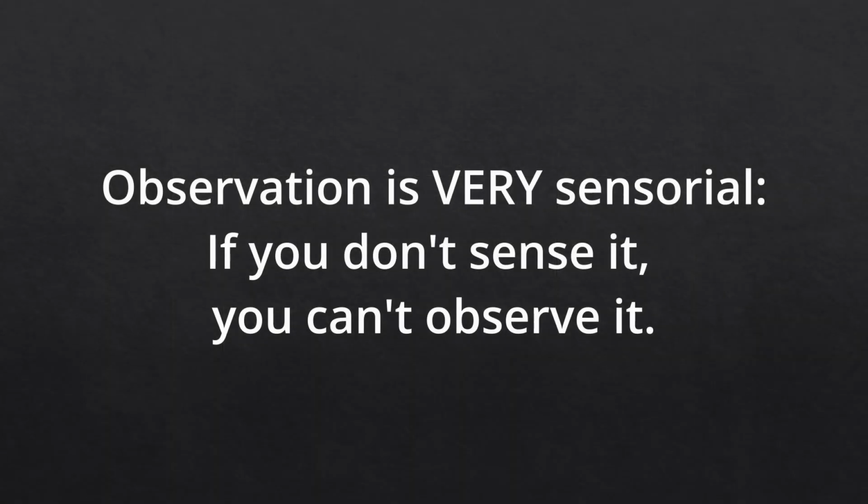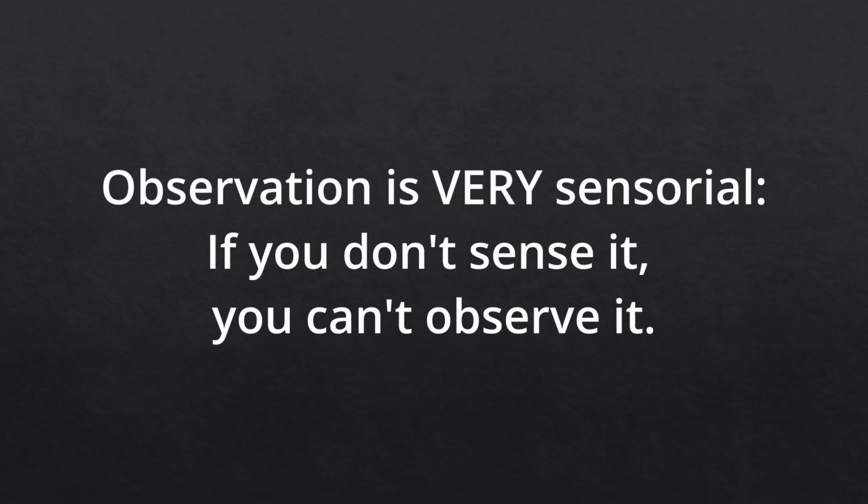We have to remember the observation is very sensorial. Whatever sense you are using to make your observation, that needs to be the only one you use. So what I mean by that is if you are only using the sense of sight, then that's the only one you can write about. If you are using the sense of sound, you can write about sound if you hear something, right?